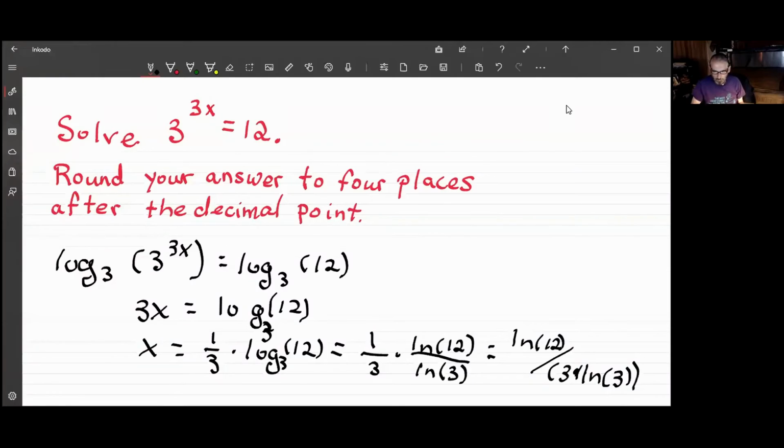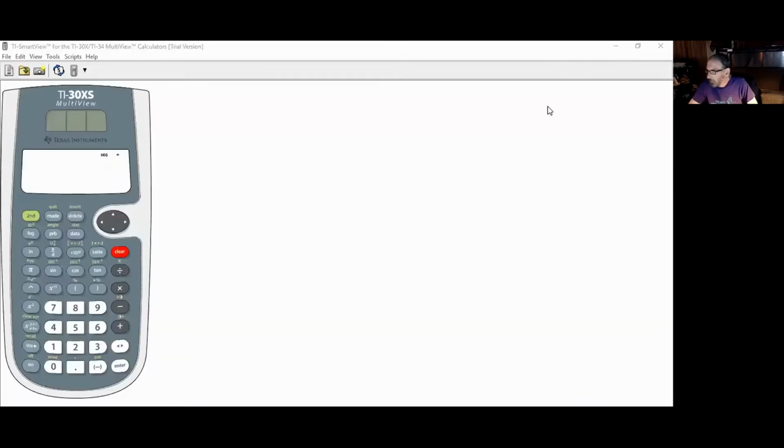I'm coming up with approximately, when we round it to 4 places, 0.7540, and in a moment I'll show you how to type that in on the TI-30. All right, we've got to put in the natural log of 12, close the parentheses after the 12, divided by, put parentheses around the multiplication in the denominator, 3 times natural log of 3, parentheses to close the logarithm, and to close the multiplication in the denominator.